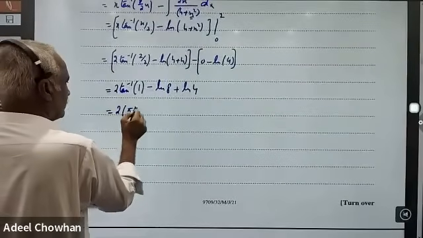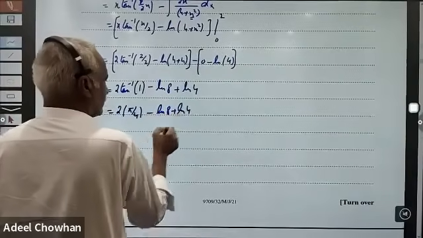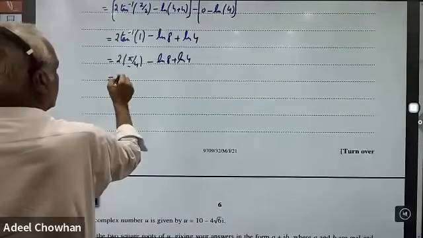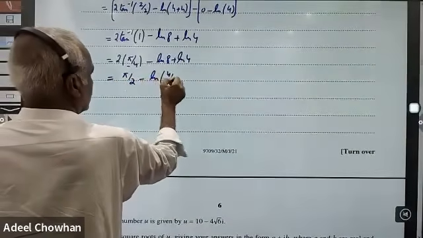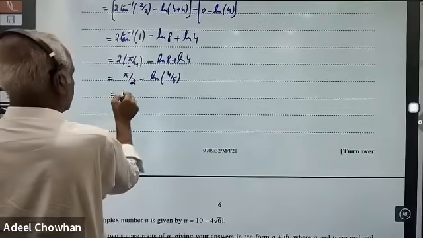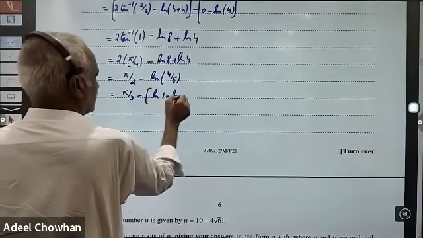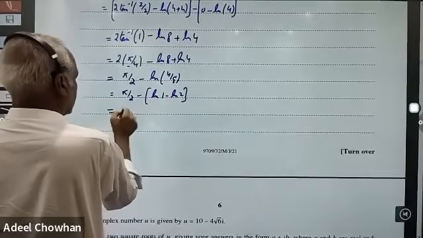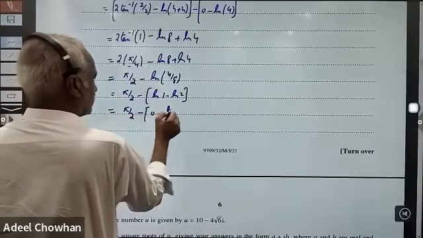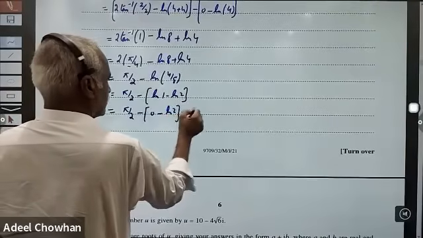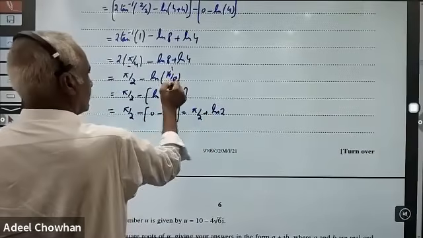So 2 into pi by 4 minus log of 8 plus log of 4. Plus log of 2, because 4 over 8 is 1 over 2.